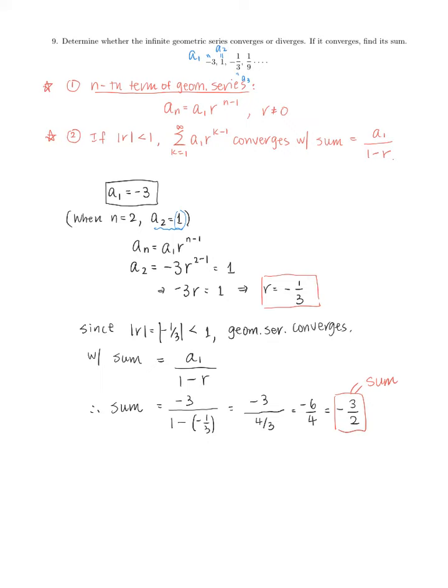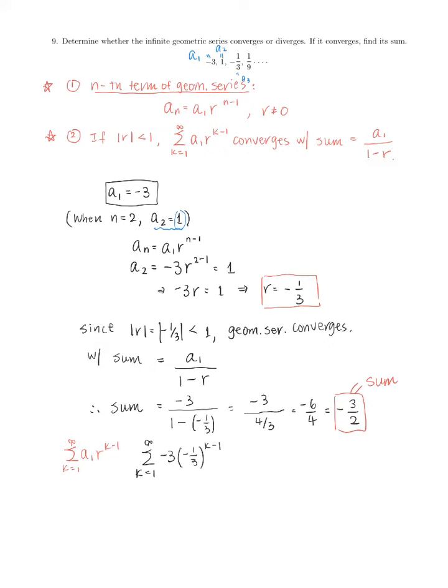All right, now let's put this together and let's try to come up with the geometric series. Okay, so the geometric series better look something like this. All right, so with that said, looks like our geometric series is going to look like k starting from 1 to infinity, a sub 1 is -3, and then r is -1/3, and to the k minus 1.